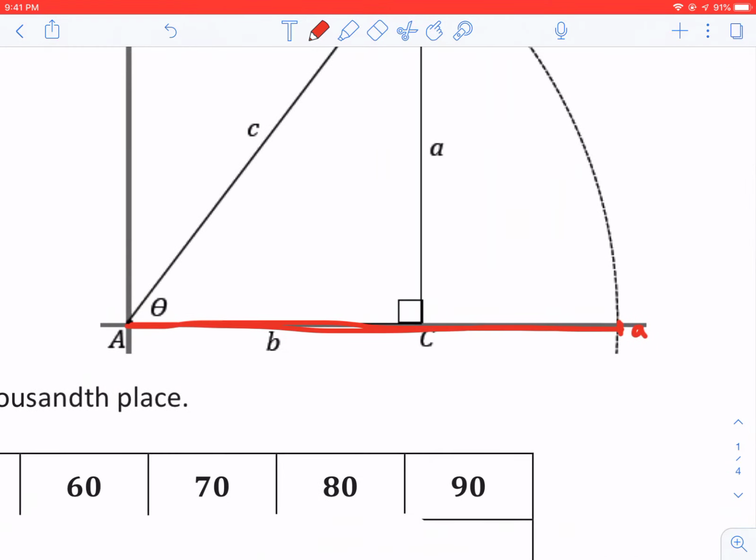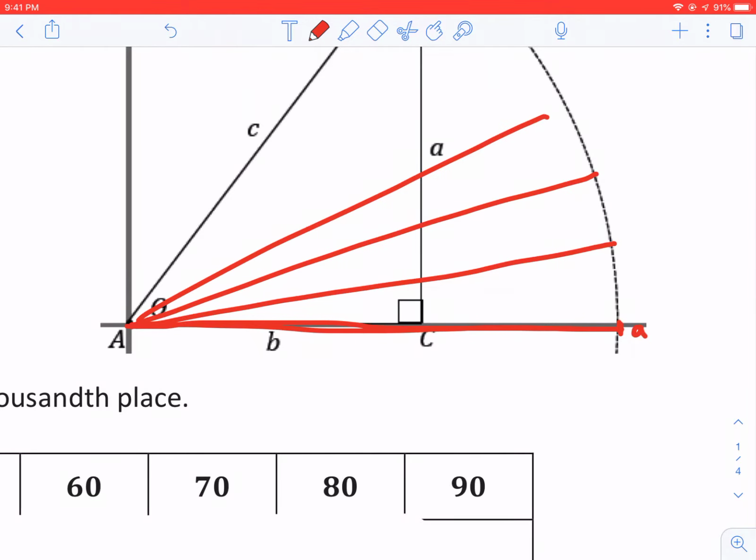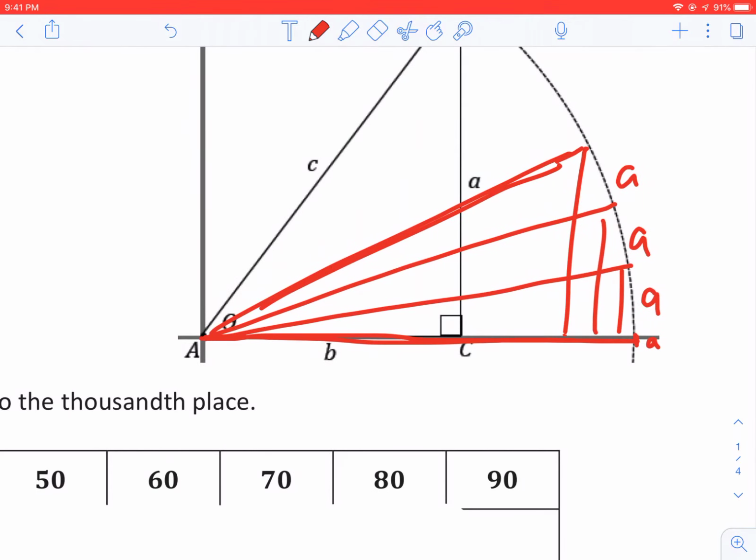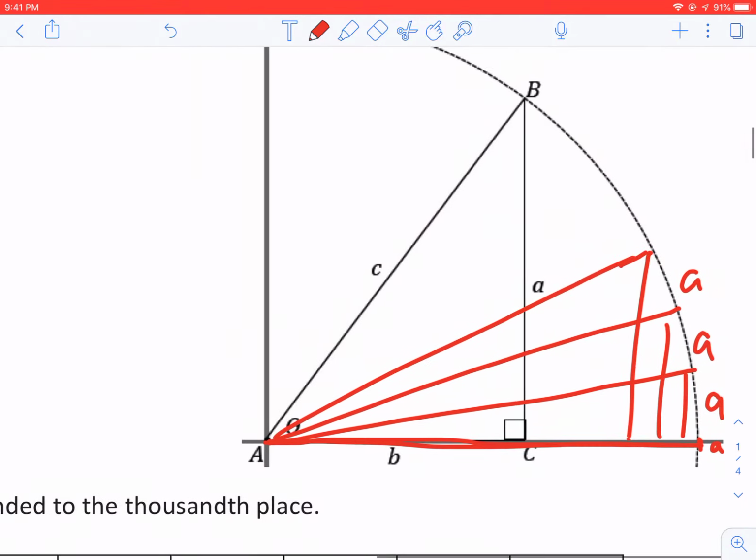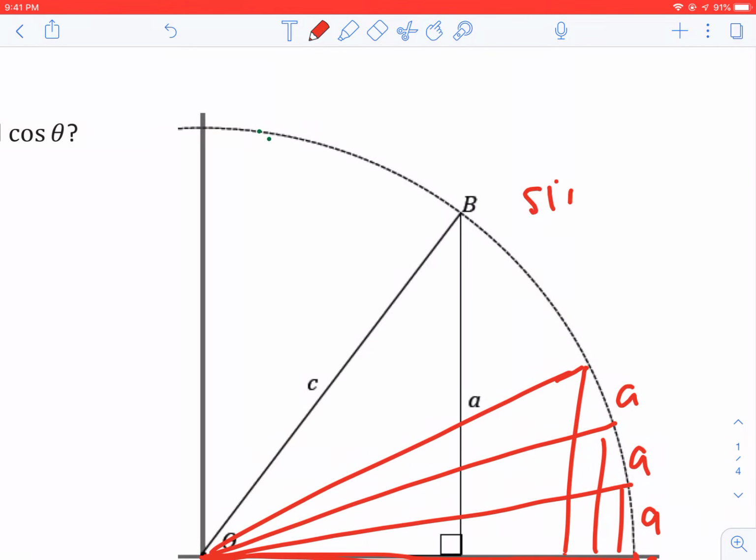So therefore, sine of 0 degrees is 0. And as we increase the angle theta, what's happening is this A value keeps increasing, but our hypotenuse stays the same. And sine of theta is always going to be A over C, opposite over hypotenuse.